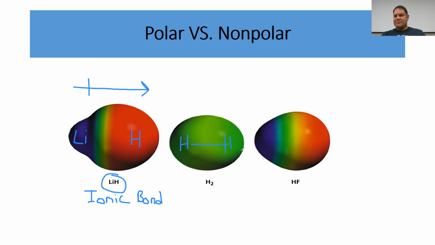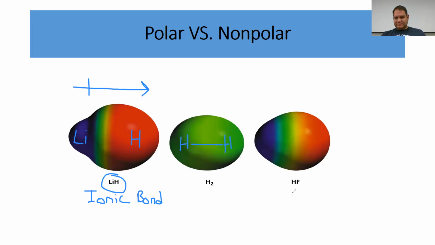There is no dipole that exists, and that should make sense because both hydrogens have the same electronegativity value. Therefore, the difference in electronegativity is 0, so that will not result in a dipole.